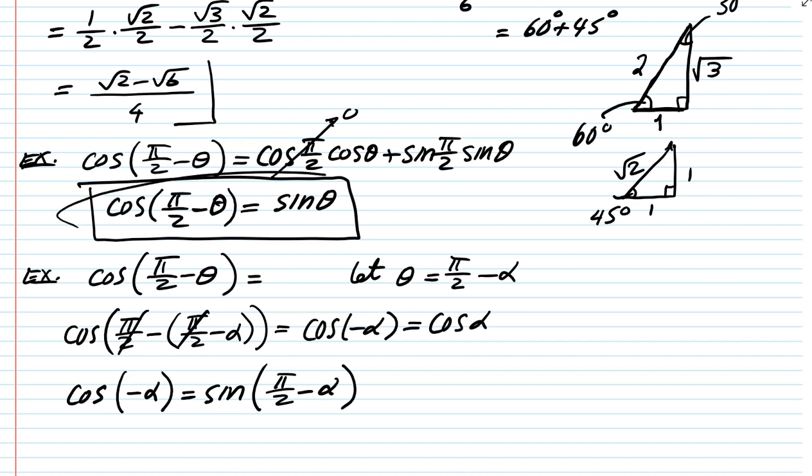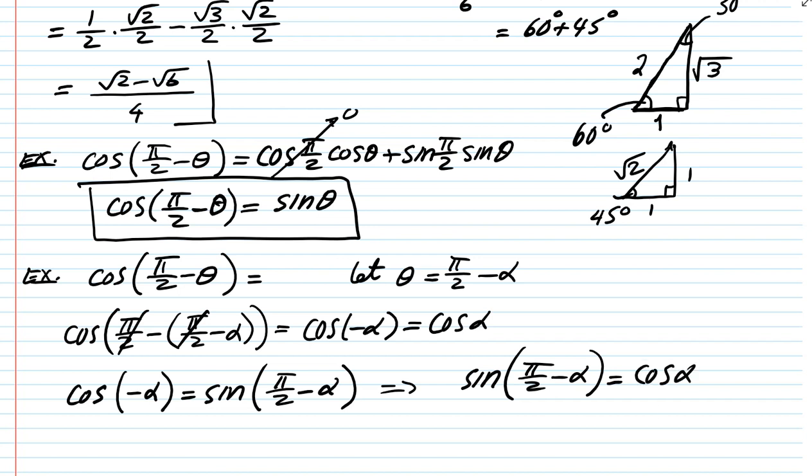That's going off of what I have up here. And this shows that, remember, cosine of negative alpha is cosine of alpha. So from this, we can establish the fact that sine of pi over 2 minus alpha is equal to cosine of alpha.